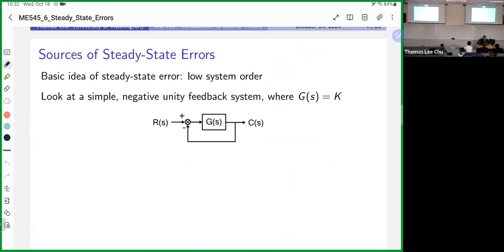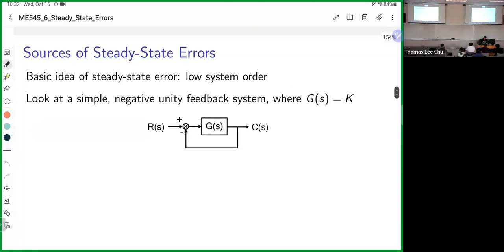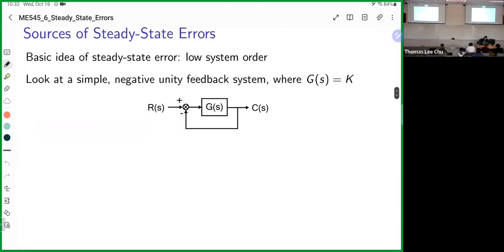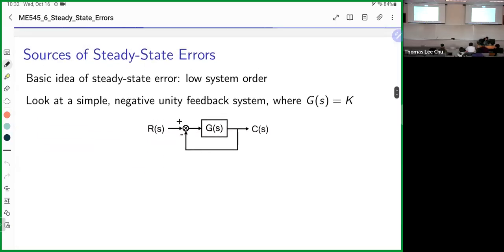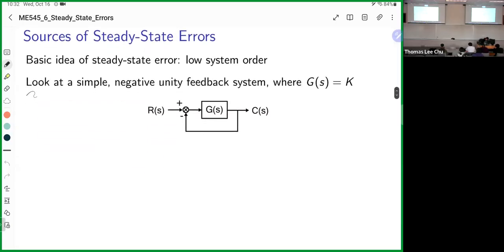So let's do a simple derivation on a system with a low system order. One thing I want to define, but I don't have in the notes, I'll probably add it in the future, is something called a system type. I've only seen this used in the textbook.